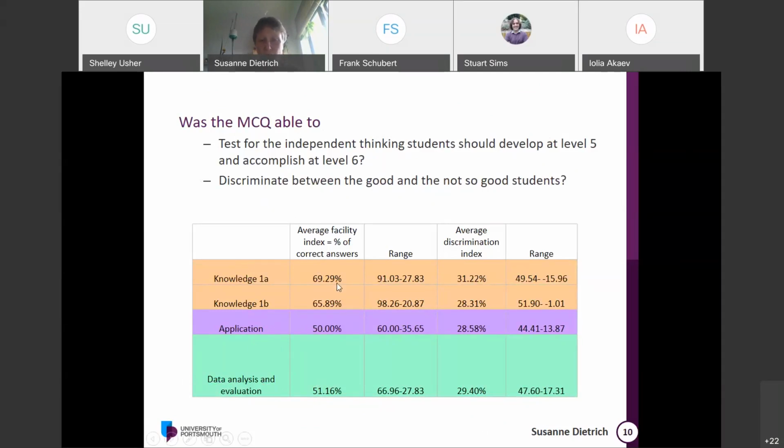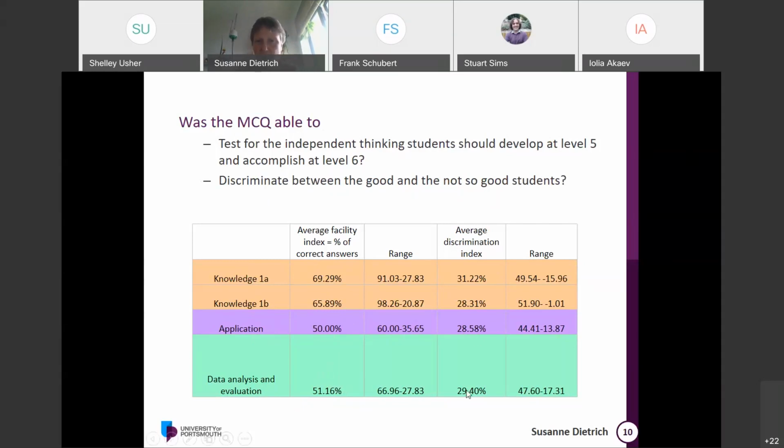Obviously, where we asked for straightforward facts, the percentage of correct answers was higher than when we asked students to work with data and analyze and evaluate data. So this means in terms of facility, indeed, some questions were more difficult than others.